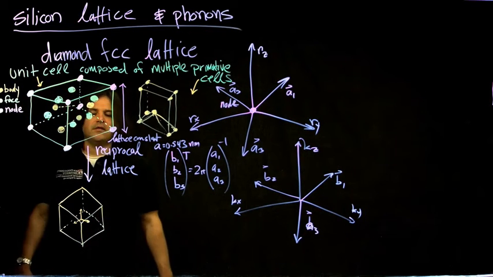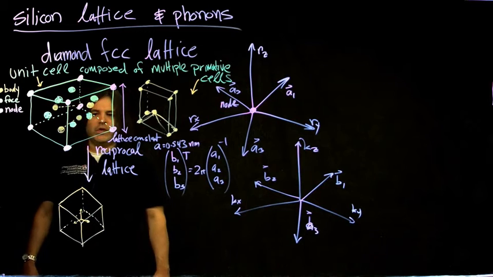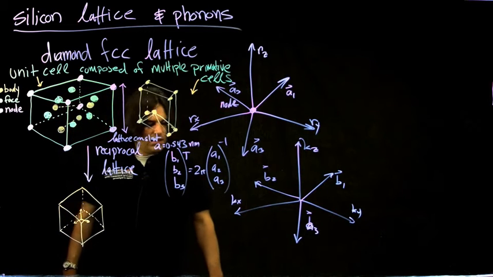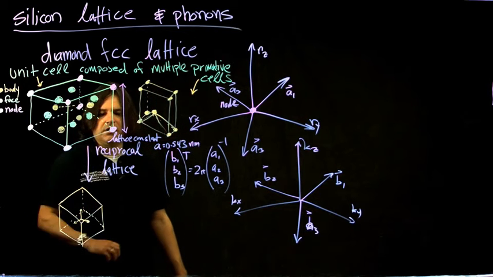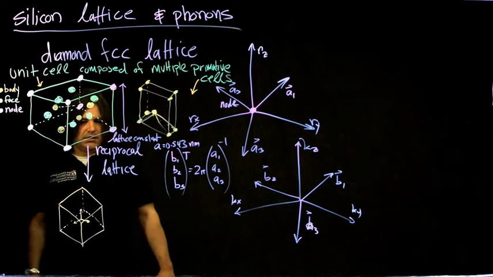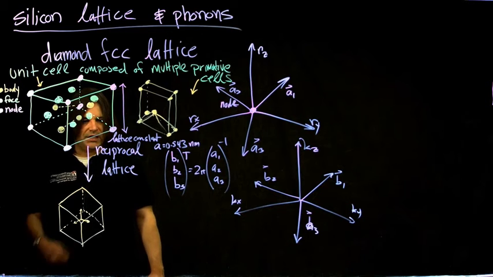It's in the center now. So that's the reciprocal lattice of this silicon. It's now in reciprocal space.